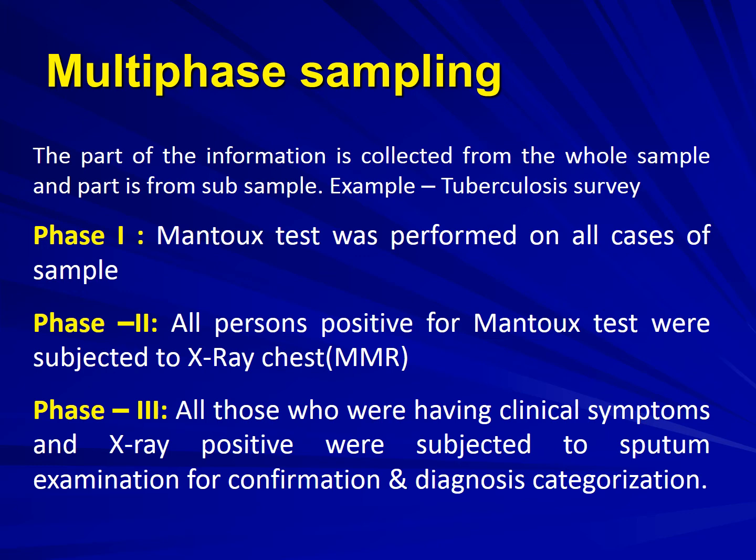In the second step, those persons having a positive Mantoux test, suppose out of the 100 persons 50 have a positive Mantoux test, those 50 persons are subjected to X-ray chest examination. In the third phase, all those having clinical symptoms and a positive chest X-ray for tuberculosis signs are subjected to sputum examination for confirmation and diagnosis categorization.